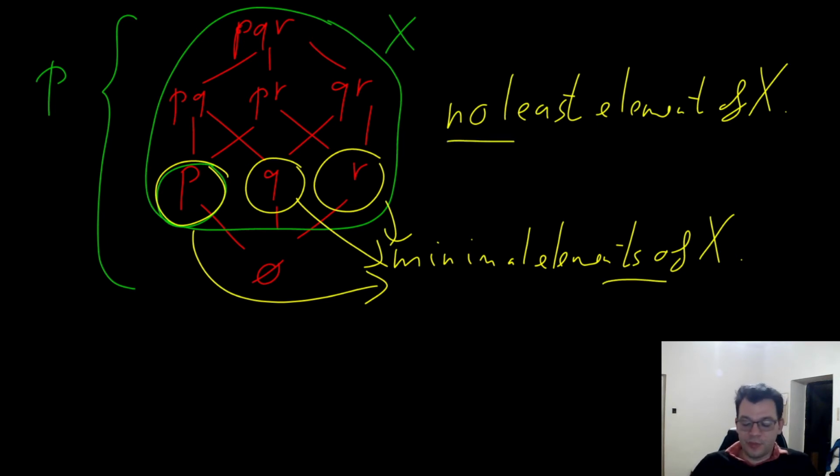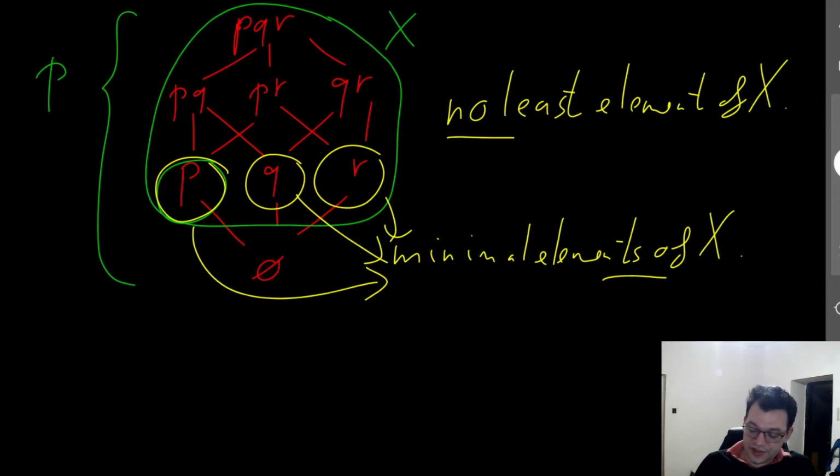And you have several minimal elements. Now, it can happen, but of course, if there is a least element, then it's unique, and it's a minimal element as well. So it's just a proposition.